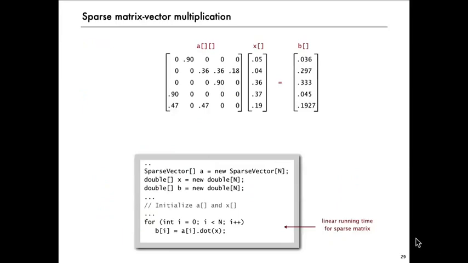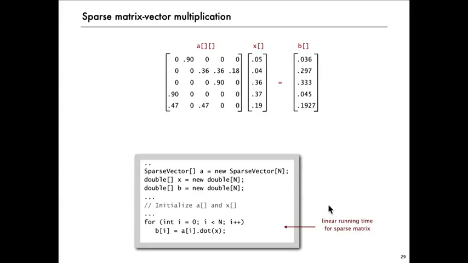So now, if we have a sparse matrix times a vector, our running time is going to be constant for each row, or proportional to the number of non-zero entries for each row, which means that the running time is going to be linear for a sparse matrix just by the use of a symbol table.